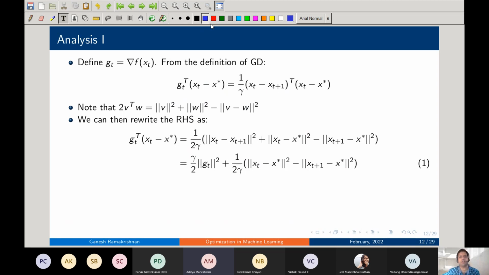We want to transform the RHS so that we can have a summation. The specific goal is to have, say, xt minus x star and xt plus 1 minus x star differences. That's exactly what you see here: a summation of differences from x star across iterates.